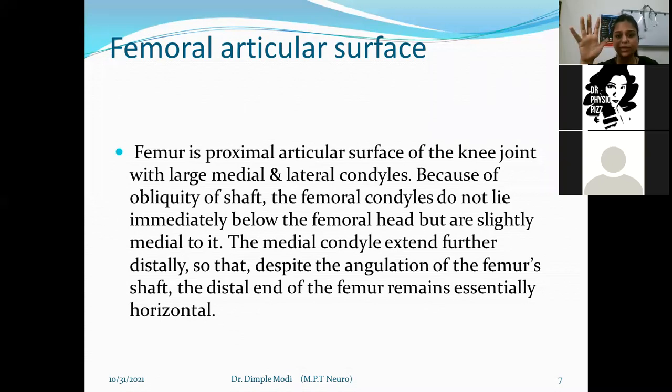So you understood the structure, the obliquity, and how the articular surface is: the lateral condyle is shifted anteriorly, its articular surface is shorter, and the lateral condyle comes in line with the femoral head.